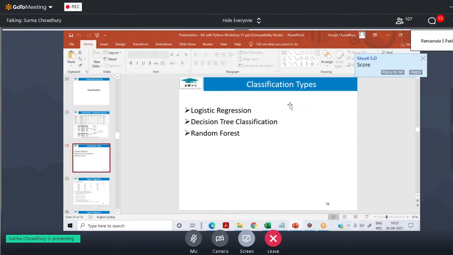So R2 is based on a formula. Anybody remembers what the formula for R2 was? Can somebody tell me the formula for R2? You can write it down.